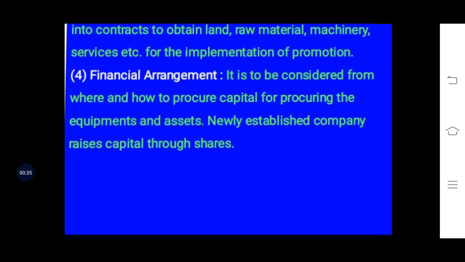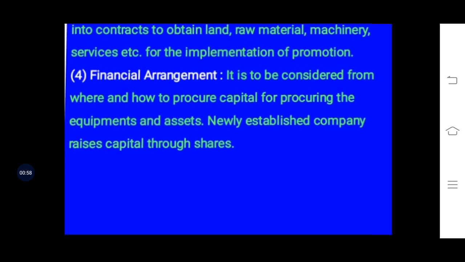So the expenses which are made for commencing the company before its beginning are made by the promoter, and the promoter has to consider from where and how they will procure the capital for that, and how they will procure the capital for equipments and assets, and how they will establish the company.